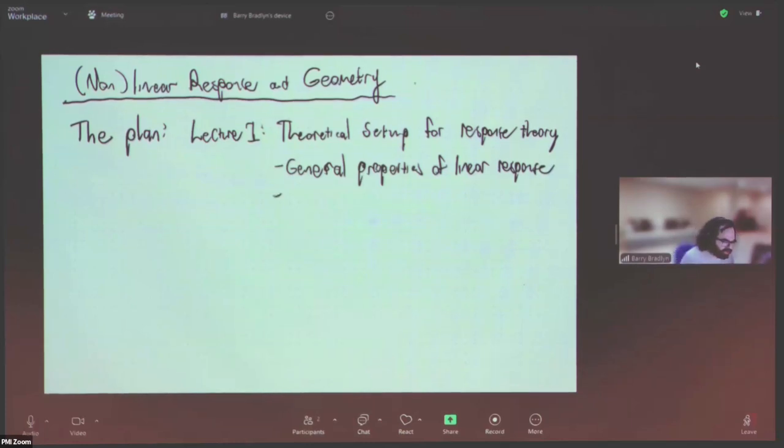And the 2 linear response functions that are going to be the most important for the connection to geometry are also 2 of the most experimentally relevant, which are the conductivity and the density-density response function.